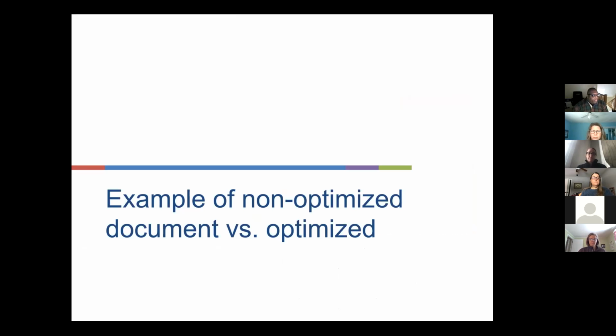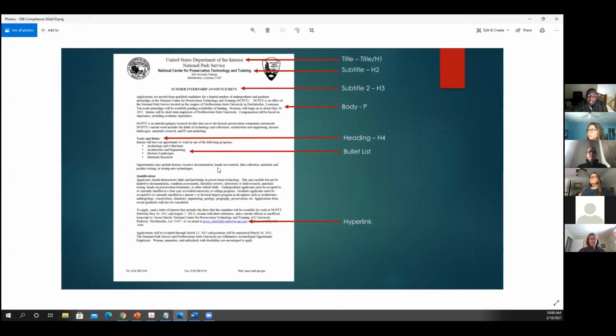So an example of a non-optimized document versus optimized, a good reference would be the basics of a Word document in regards to a document being defined as far as a title, subtitles, body, heading, and if it has a list, a defined list as far as bullets. Not pictured would be images, graphs, charts, and also hyperlinks if a document has one.